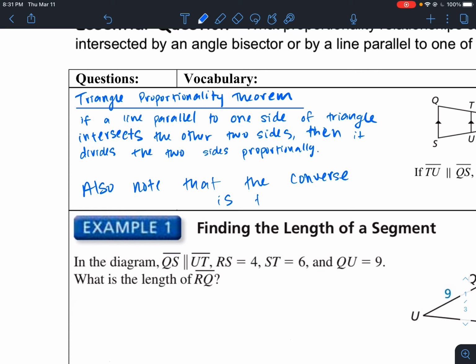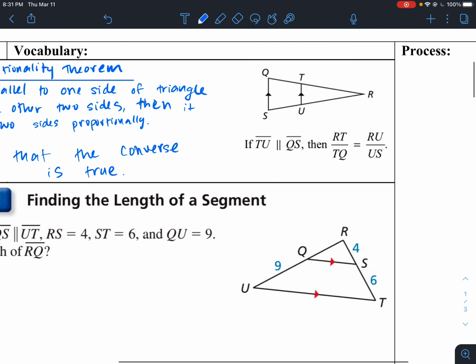What that means is, if we don't know that these lines are parallel, let's just say we had this line right here and this line intersects, and we find that RT over TQ is equal to RU divided by US, if we can prove that these ratios are equivalent, then that proves that this side and this intersecting line are parallel. That's what the converse states.